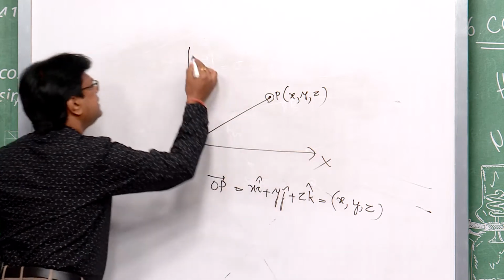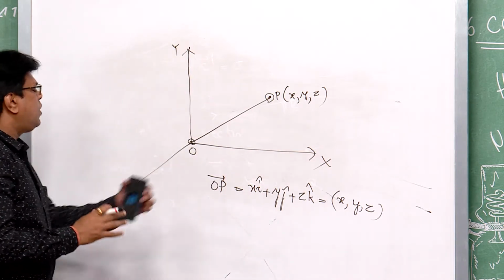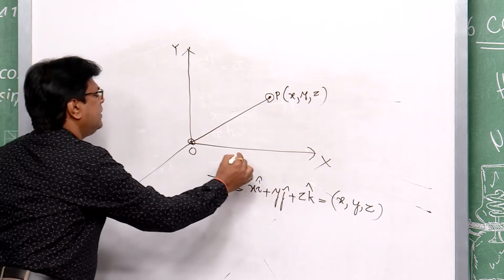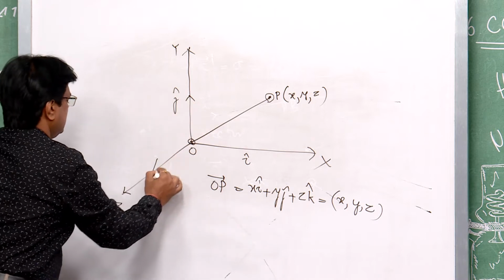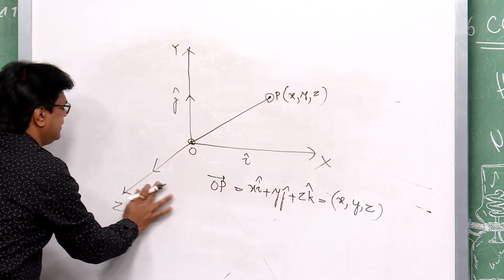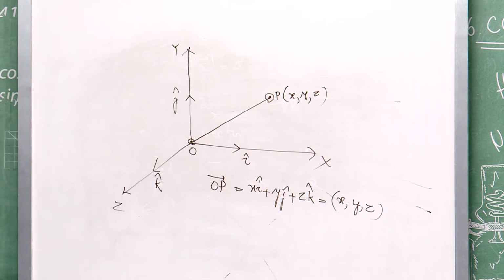This is your x axis, y axis and z axis. So, i, j, k are the unit vectors along the direction of x, y and z. So, this is your position of the vector.